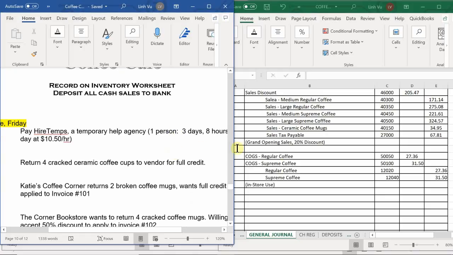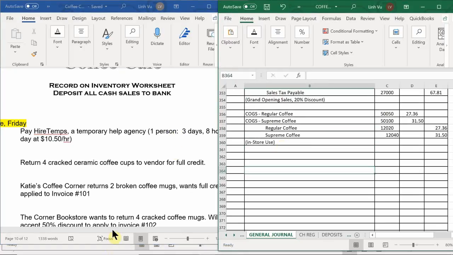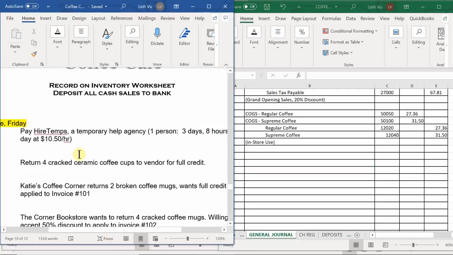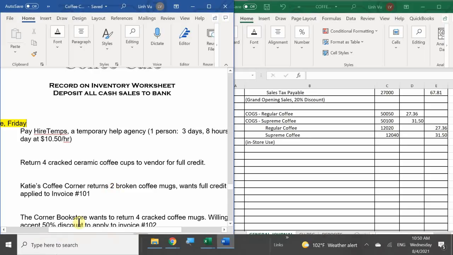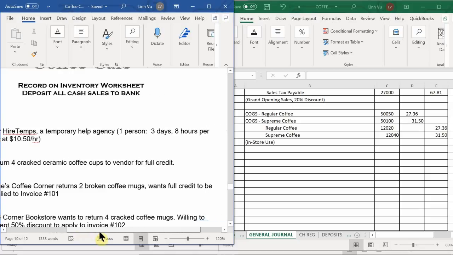Okay, so next transaction. So then what has happened here? It's the 21st, which is Friday, 21st of June. And what do we have here? Our first payroll.